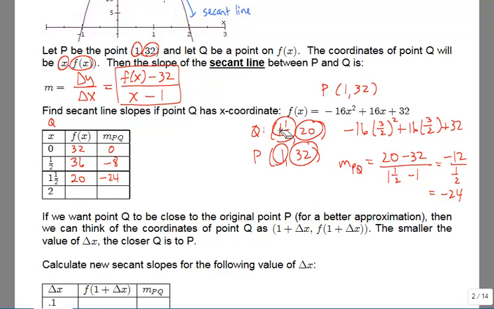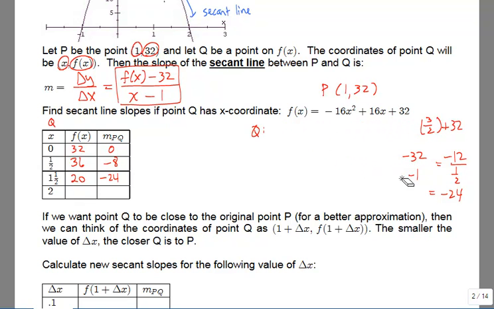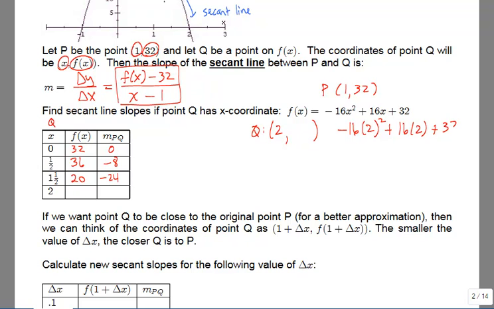All right, let's try it one more time. This time we're going to let our point Q be at x equals 2. So we're getting a little farther away from that point P. So we're going to let our x value be 2. So to find the y value of point Q, I'm just plugging in 2. And when you substitute that in, you do get 20 again.